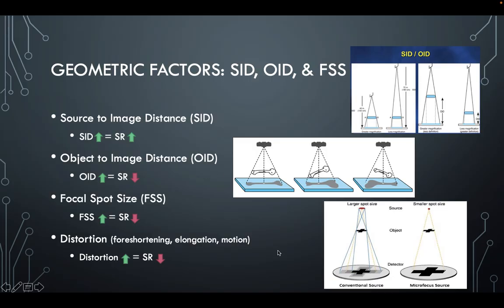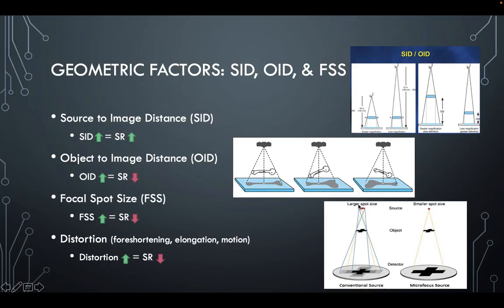Focal spot size, so line focus principle over here. So if my focal spot size is smaller, I essentially only have like 1 point coming out on this side and 1 point coming out on the other side. So I am going to get a nice sharp image.